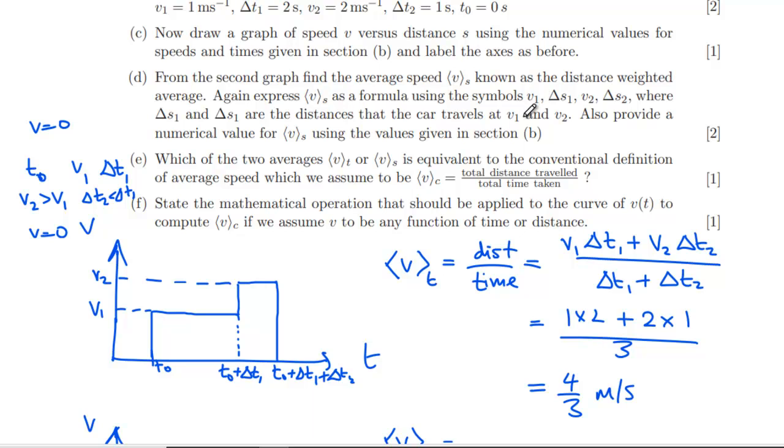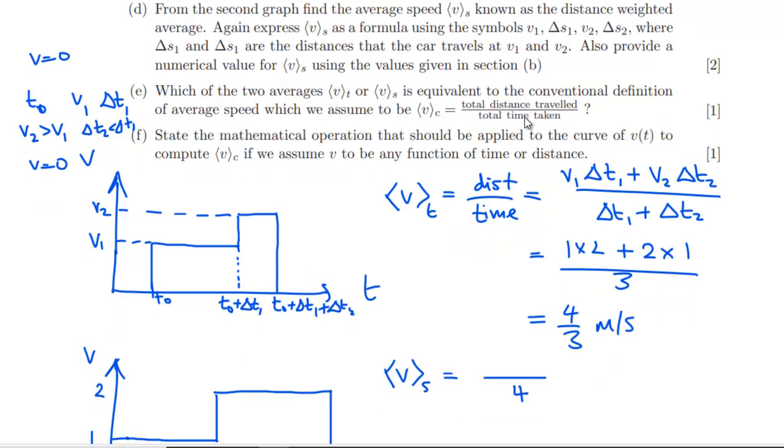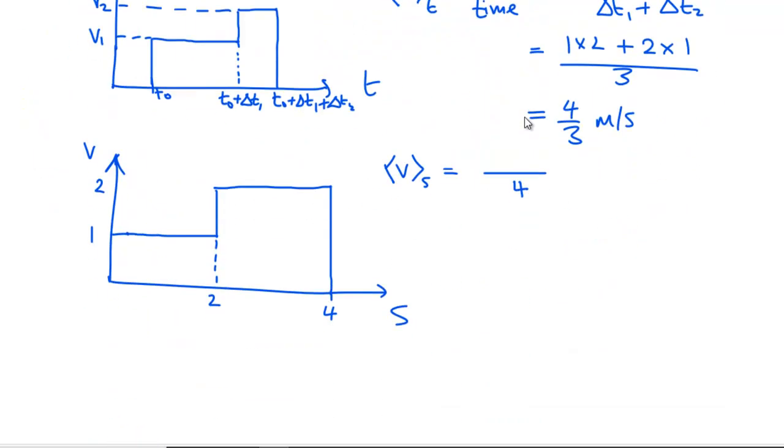Oh my word, okay, right, no, we're doing something different. I was starting to put numbers in already. So we need to have V1 delta S1, V2 delta S2. So it's going to be V1 times delta S1 plus V2 times delta S2.